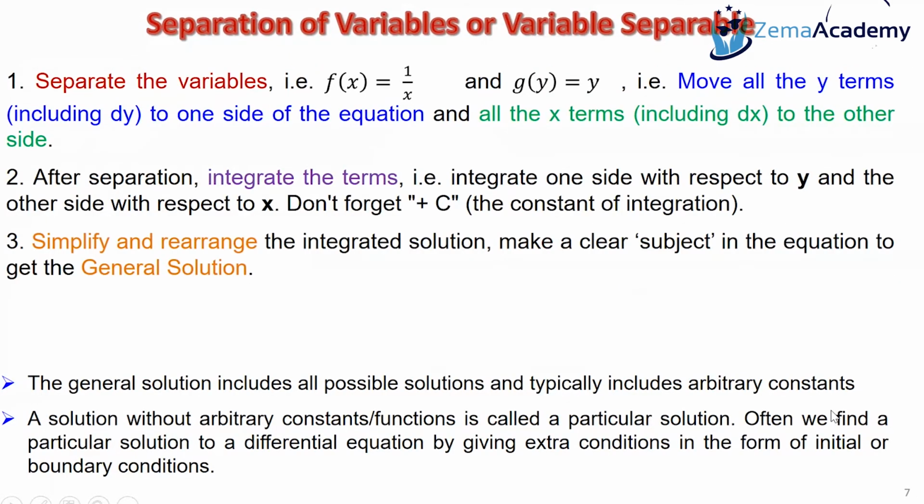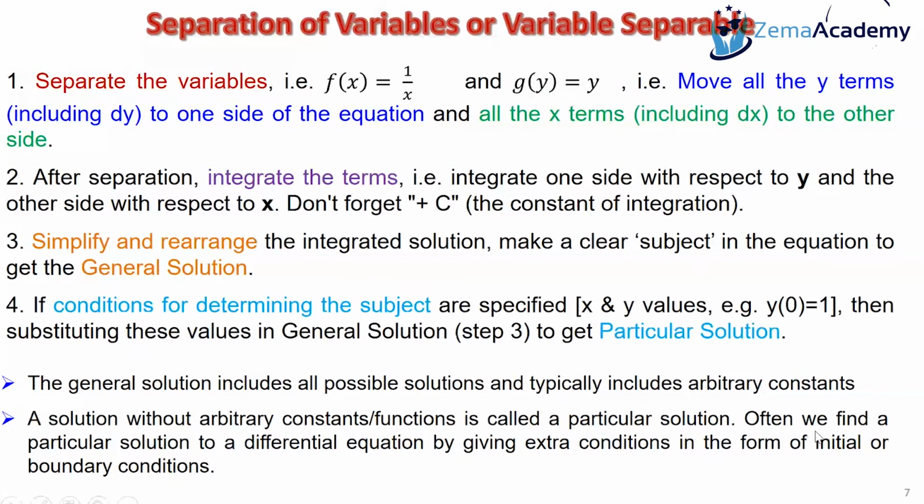So this is just a simple explanation of all the steps that you would be doing in the examples later on. So the first thing, the procedure that you will do in variable separable, is to separate the variables.